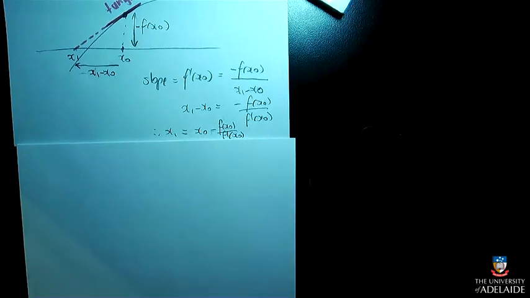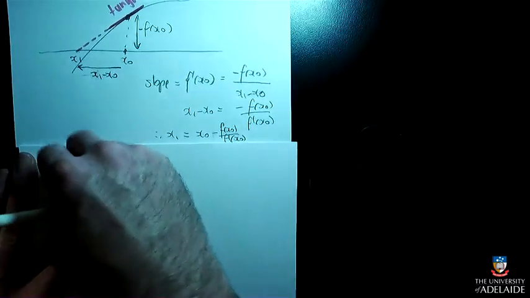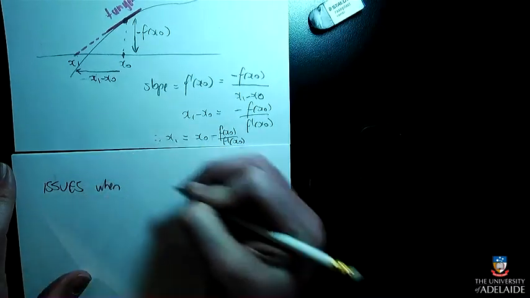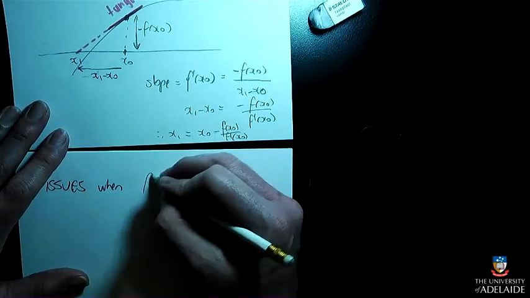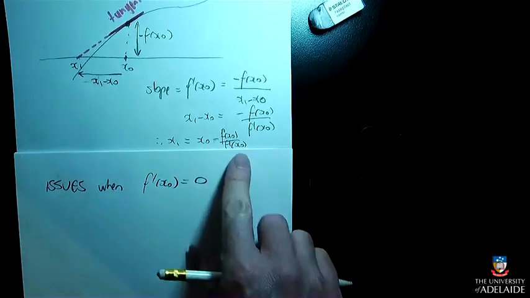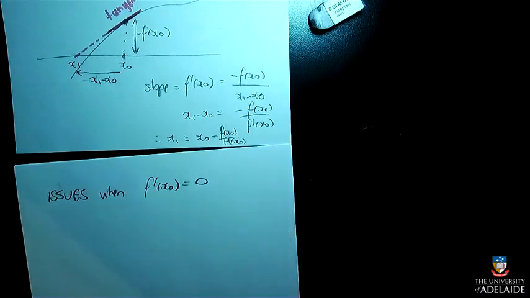There will be some issues. Issues can happen when f dashed of x0 is 0, because then you won't be able to divide by that number. Or even when it's just close to 0, that will cause problems as well.